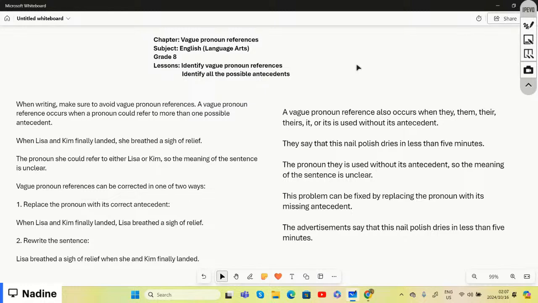That is a vague pronoun reference. That is why the word vague is there. You don't know, it's confusing.